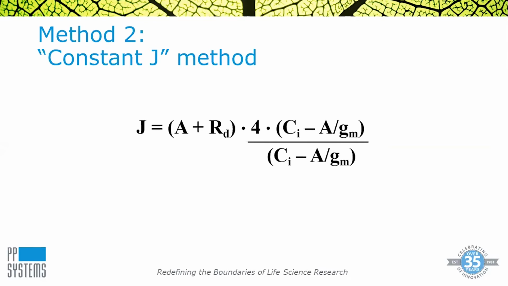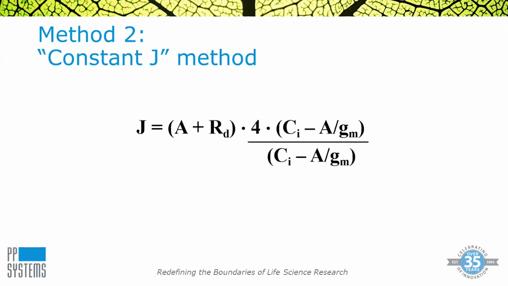So method 2 is called the constant J method. J refers to photosynthetic electron transport. It uses this equation, which comes from that publication directly. You can see that J, the electron transport, is related to assimilation rate. Dark respiration, we assume, is constant.